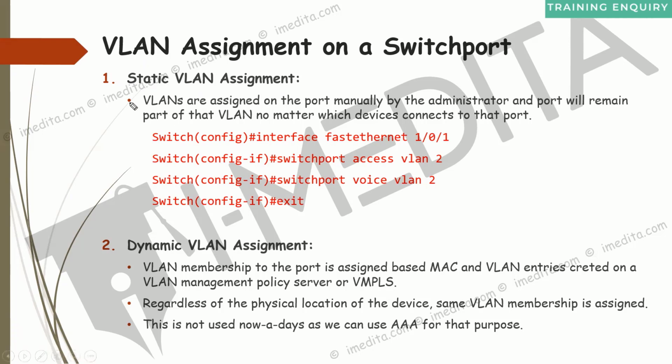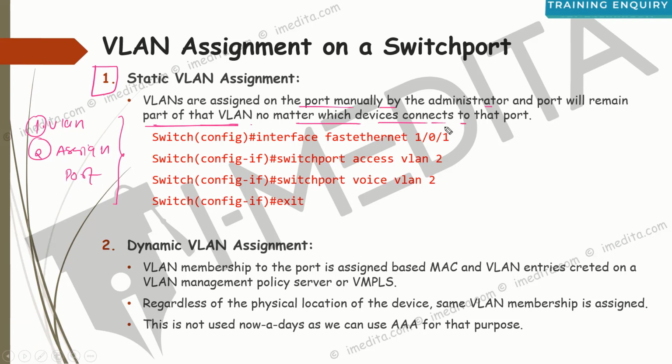So once you have created the VLAN, you have to assign the port to the VLAN. With static assignment, VLANs are assigned on the port manually by the administrator, and the port will remain part of the VLAN no matter which device connects to that particular port.